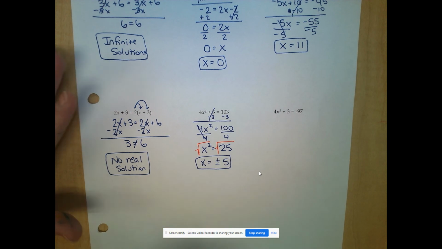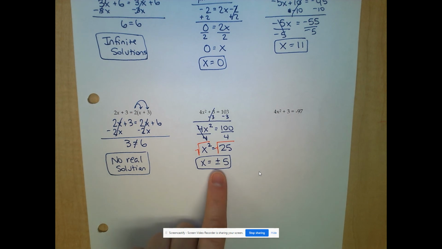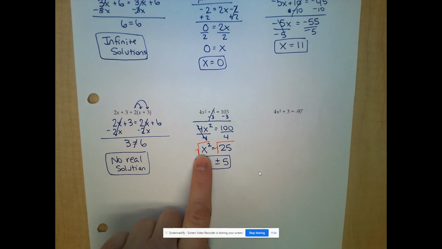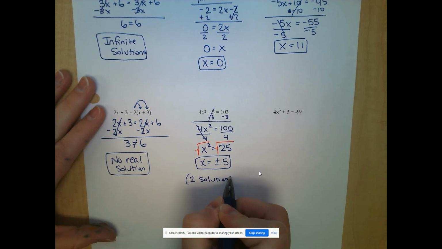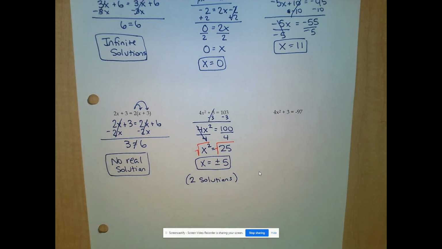This is one of those where the solution has two values, right? Positive 5 or negative 5. Because if I plugged it back in, 5 squared is 25 and negative 5 squared is also 25. So this one has two solutions. And we've seen that one before, just wanted to put it in the mix.